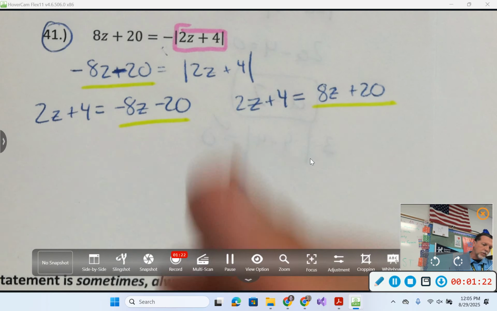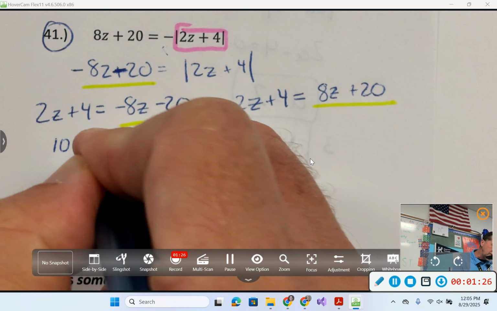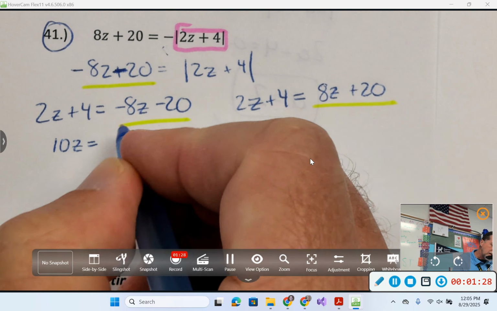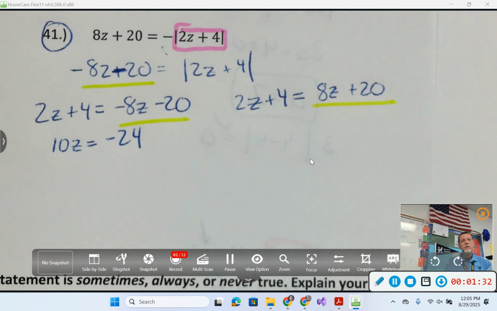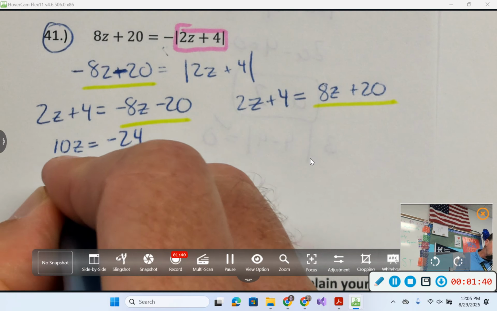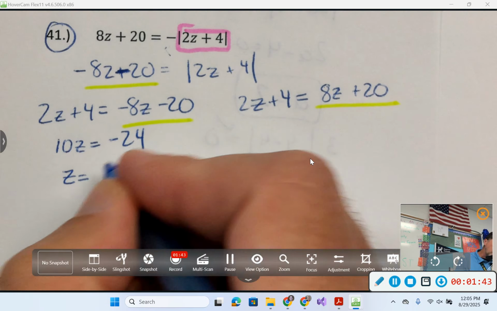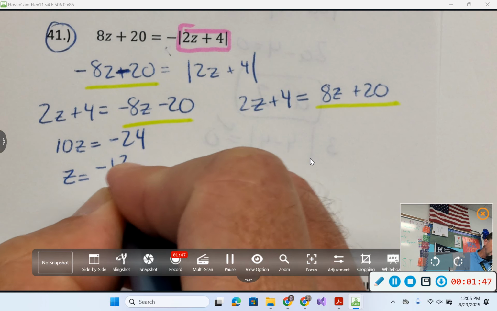Okay, now I've got two relatively easy questions to solve, maybe. 10z equals negative 24. If I divide by 10 to get z by itself, I'm trying to save space. 24 over 10 is 12 over 5.